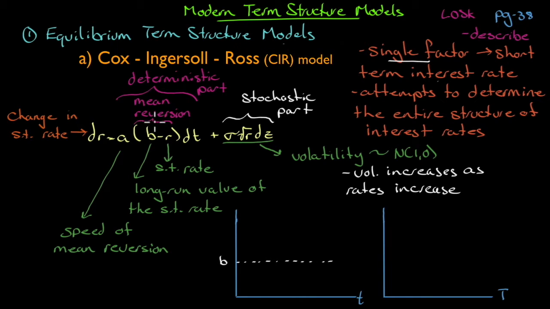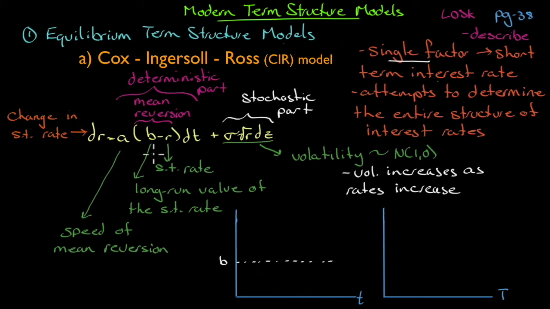Because we're assuming mean reversion. So that if the short-term rate is below the long-term rate, this term in here will be positive. If the short-term rate is above the long-term rate, this term in here will be negative. So if it's negative, we can see that we're going to have a negative term here pulling the rate down towards its mean. If it's positive, it means the short-term rate is below the long-term rate.